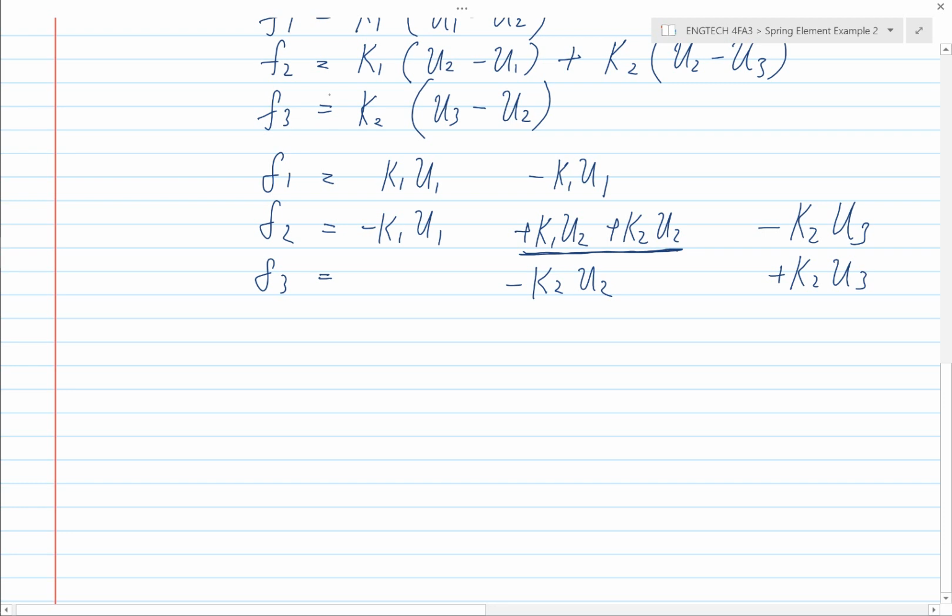We can factor U2, so we can rewrite the equation this way.